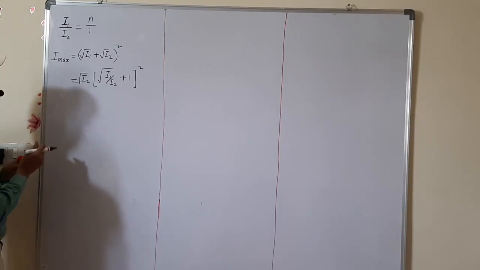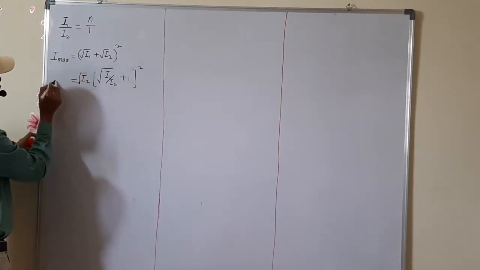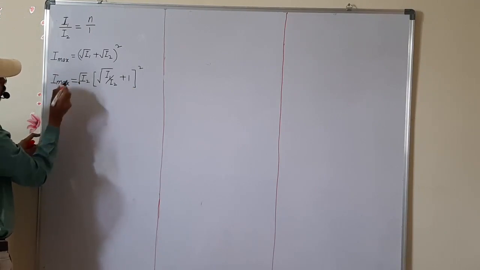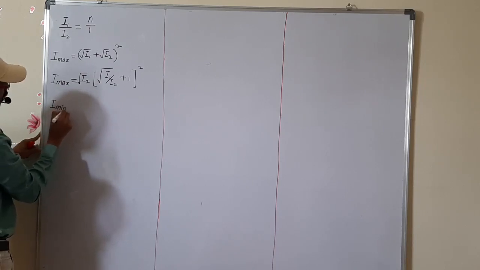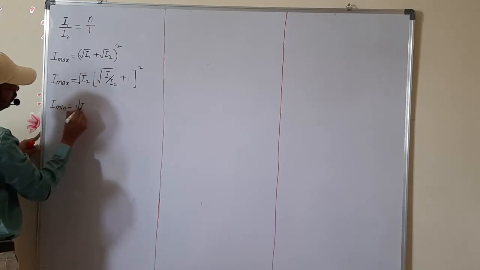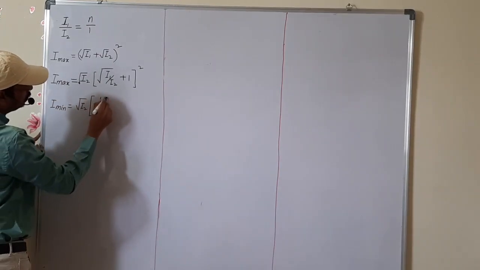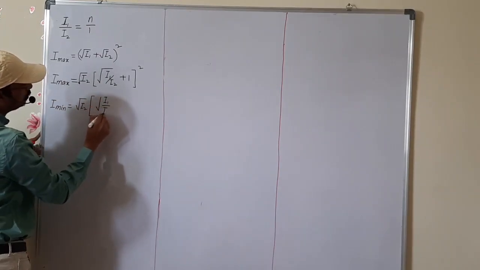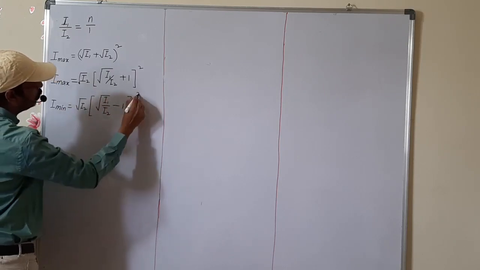Okay, then in this time this is the I maximum we got it. Then if I take similarly I minimum also, what will happen? Root I2 I am taking common, that time root I1 upon I2 minus 1 whole square.